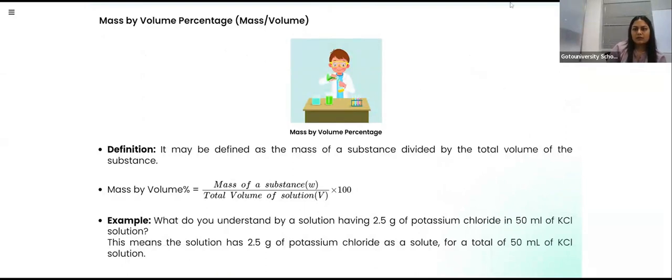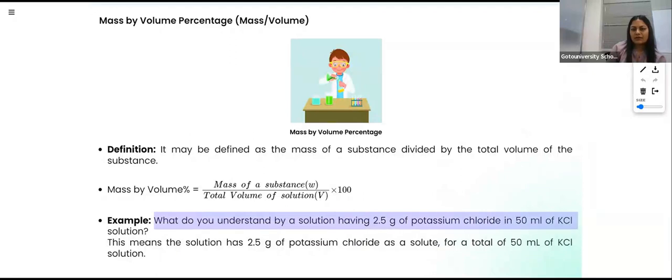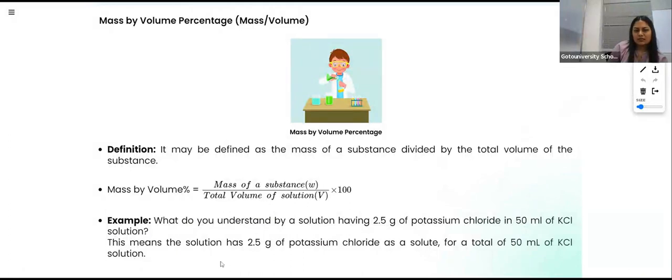Here you can see the example for mass by volume percentage. What do you understand by a solution having 2.5 gram of potassium chloride in 50 ml of KCl solution?